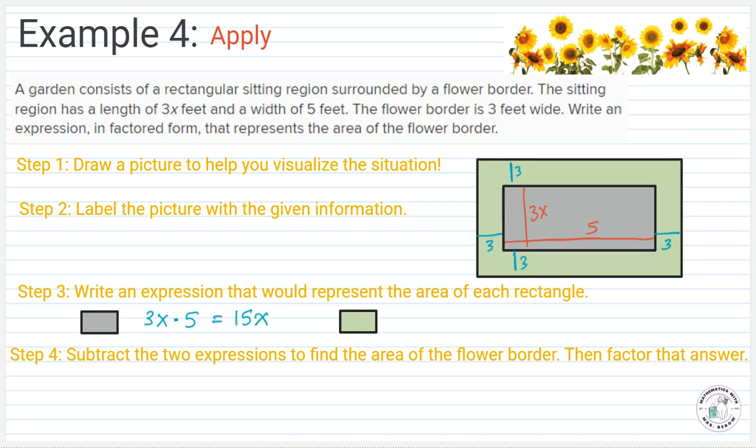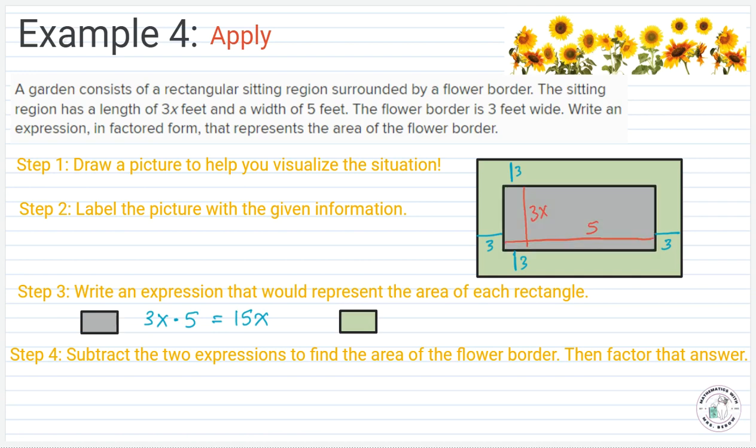The green gets a little bit trickier. For the green, we have to think of it as if this gray space isn't there. If I were to delete this, pretend it's not there, we need that visualization to help us figure out what this whole space is, so that we can then subtract the gray space from it.